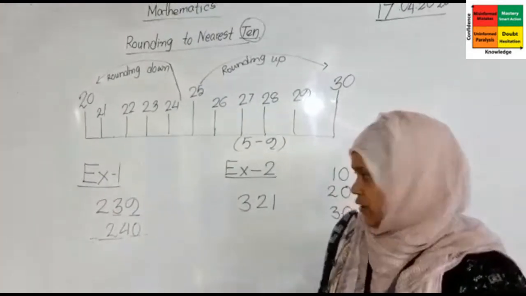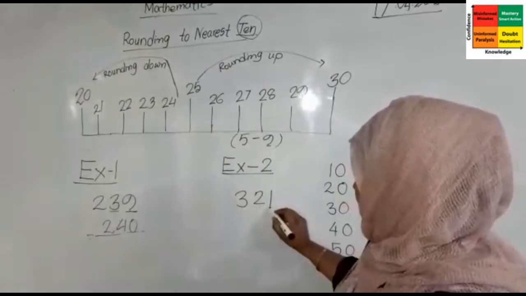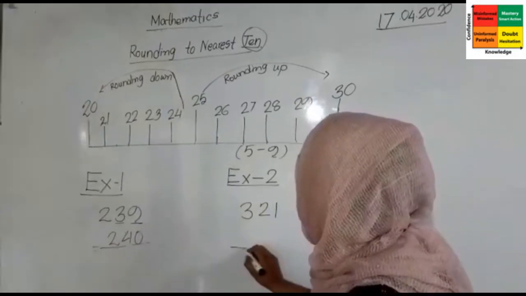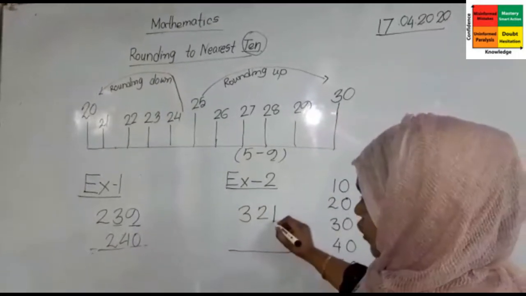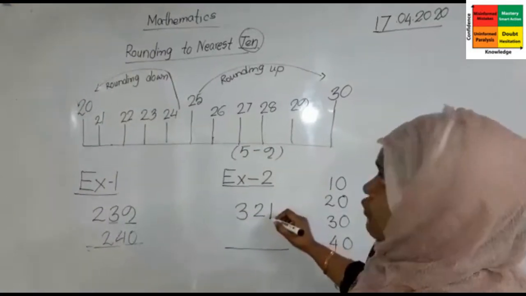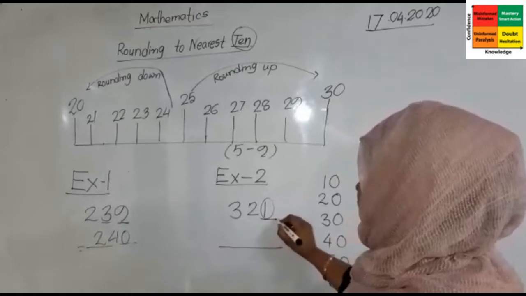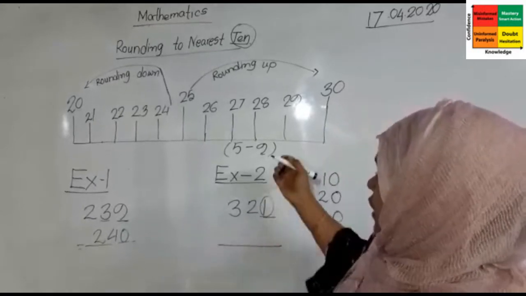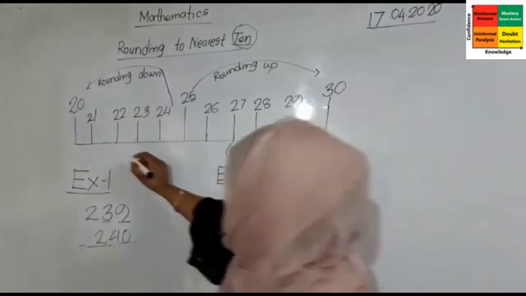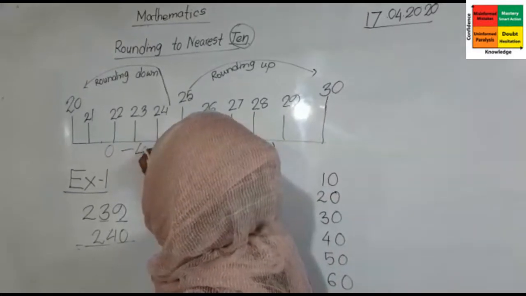I hope it's clear. Now, for this example, as I already told you, in rounding to the nearest 10 we have to look at the right side number. Here this is 1, and 1 comes from 0 to 4.